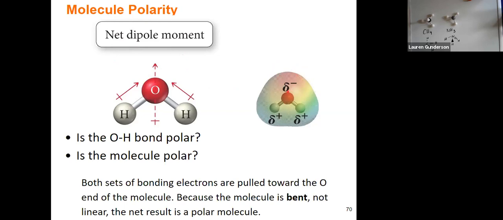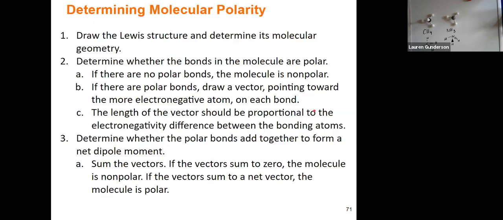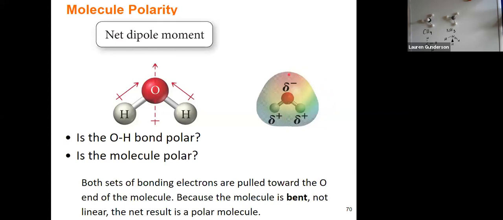All right, so we have an incredible amount of negativity that's centered on the oxygen here. And we have these two hydrogens that are both exhibiting a partial positive charge. Because we have a net charge within this molecule, we have a negative end here and we have a positive end, well, two little positive tails almost. This molecule is polar, okay?